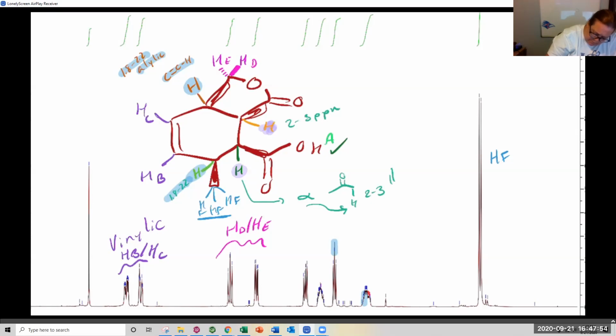A triplet. You would expect this proton here to also be a triplet. You would expect this proton here to be what? A triplet. You would expect this proton, however, to be what? Okay, 1, 2, 3, 4, 5 neighbors. You would expect this proton right here to have what? 1, 2, 3, a quartet.